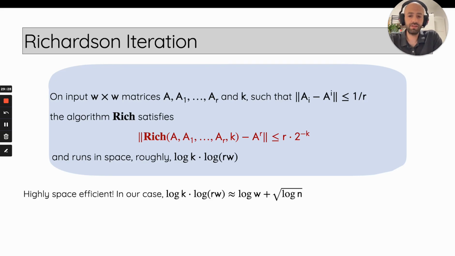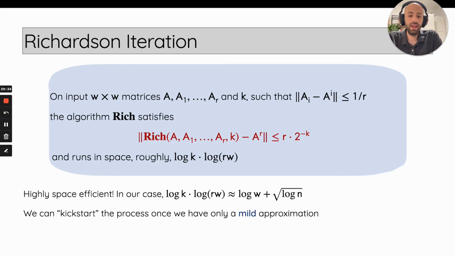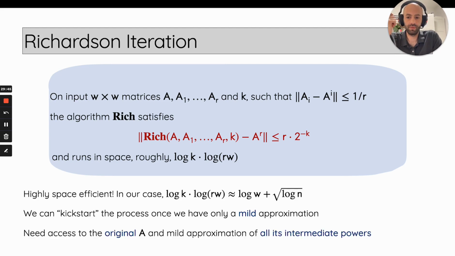In our case, this space complexity is log W plus square root log n. And note that we can kickstart the process once we have only a mild approximation of 1 over R. And note that we need access to the original A and also to mild approximations of all its intermediate powers.